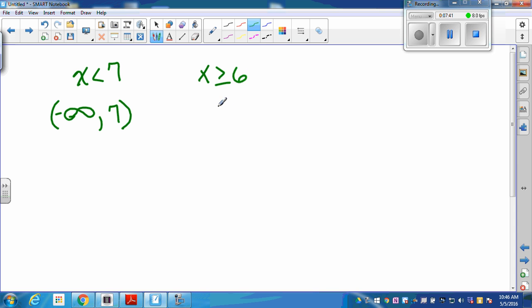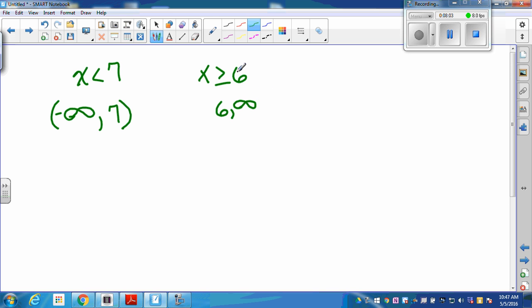So I'm going to have 6 first, and it goes through the largest number possible because it doesn't have an upper boundary. So that means I'm going to use positive infinity. My values for the solution set are 6 through infinity. It keeps going forever and ever.